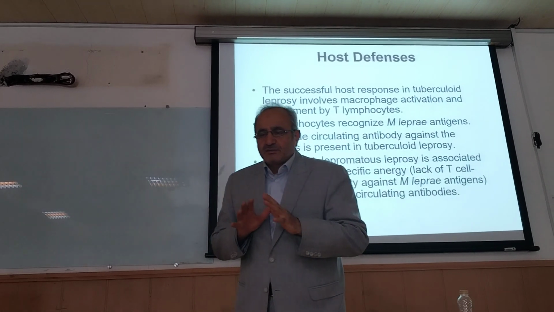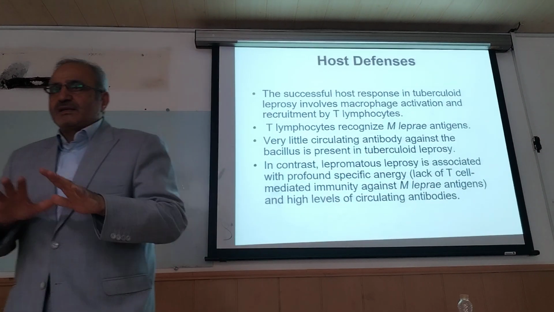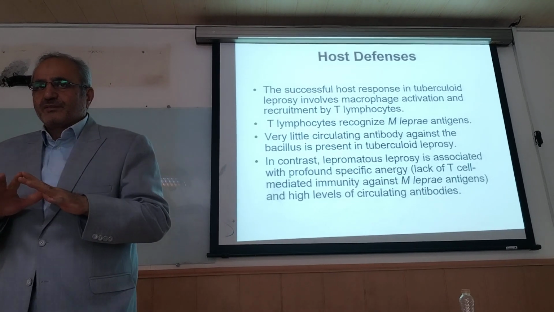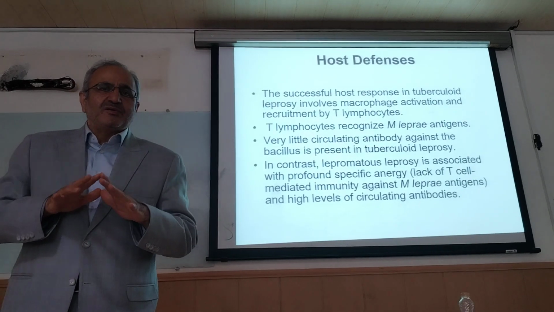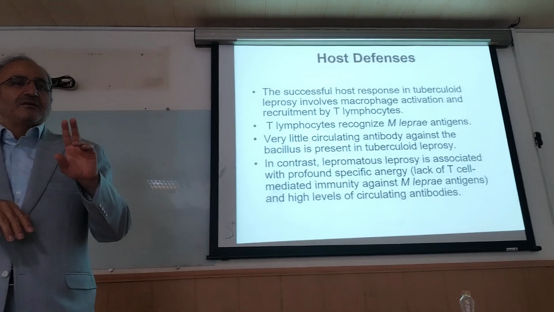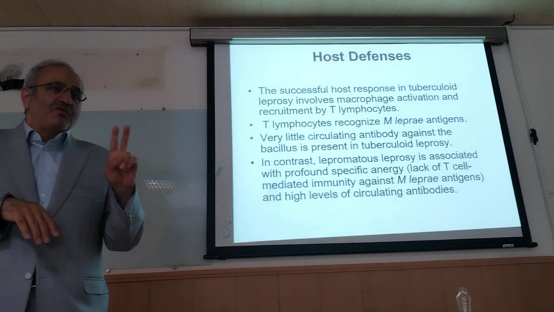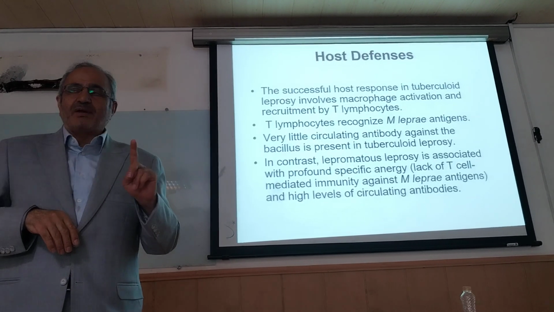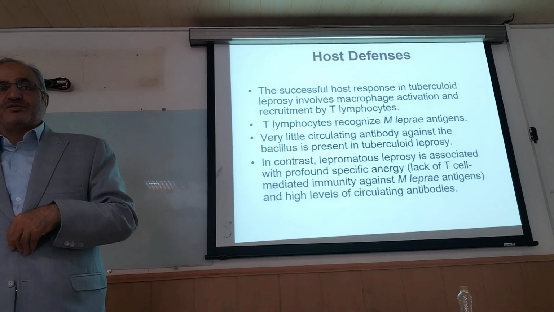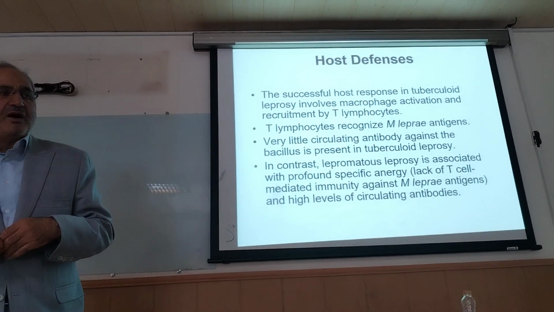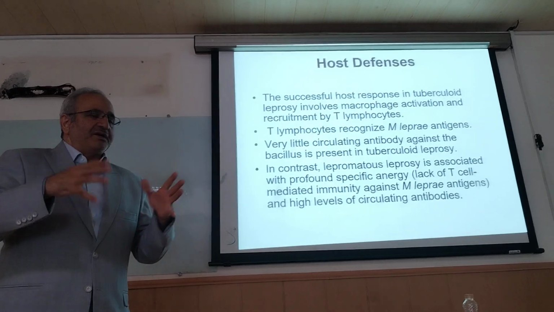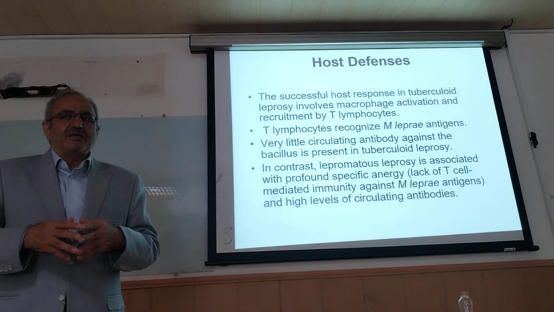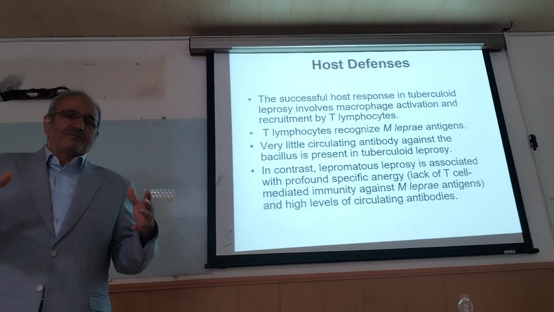In both tuberculosis and leprosy, cell-mediated immunity is important. In cell-mediated immunity, we have two sets of lymphocytes, CD4 plus and CD8 plus. Also, we have T helper 1 and T helper 2. If T helper 1 increases and is active, then cell-mediated immunity is active.